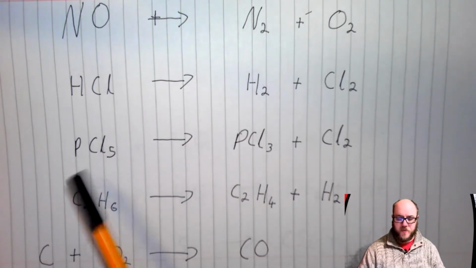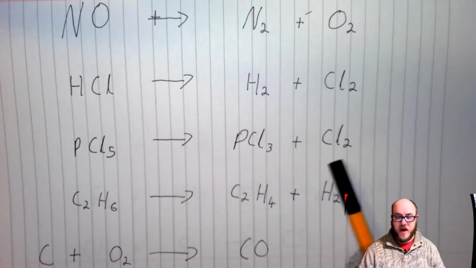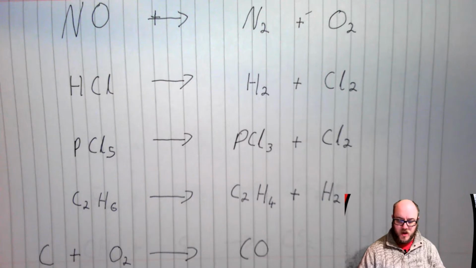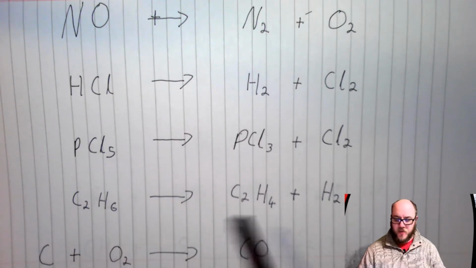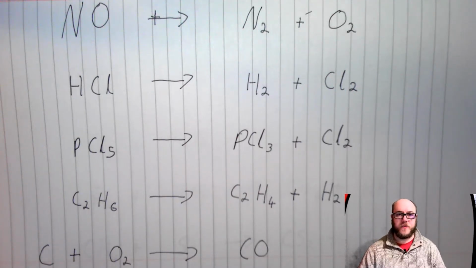Then we have PCl5 breaking down to PCl3 and chlorine gas. Then we have C2H6 breaking down to C2H4 plus H2, and carbon and oxygen giving carbon monoxide. So pause the video and have a go at those.